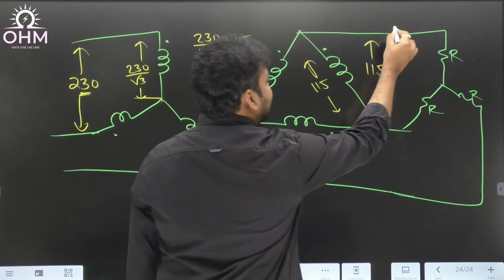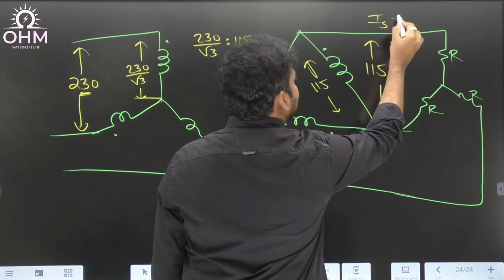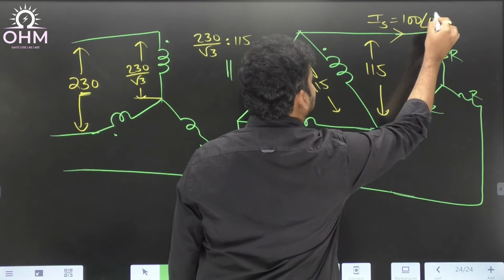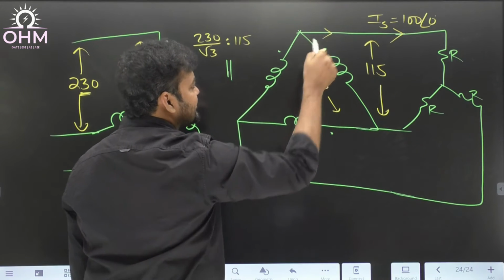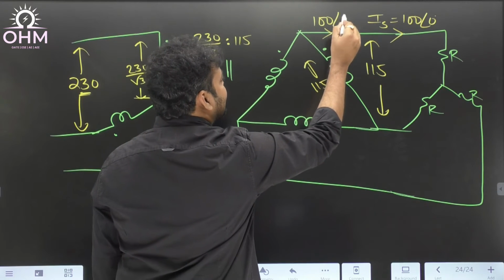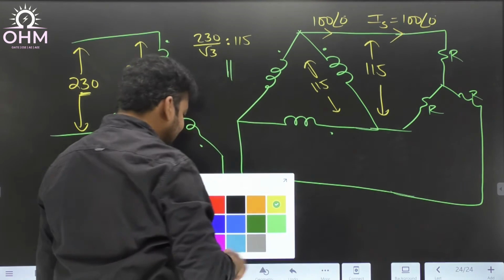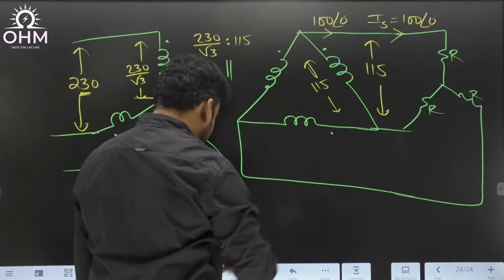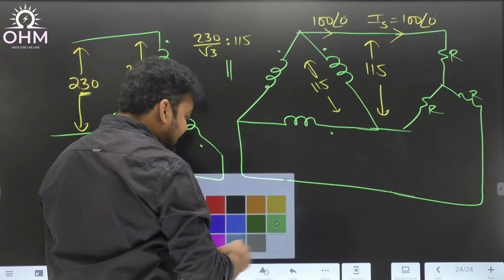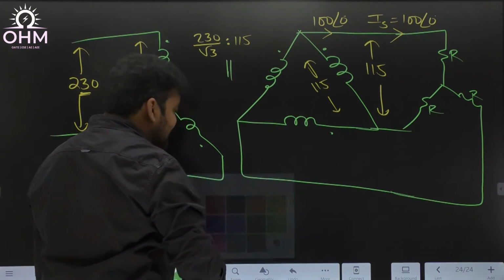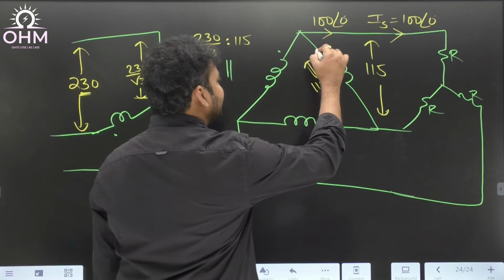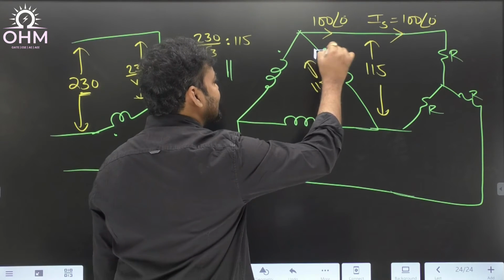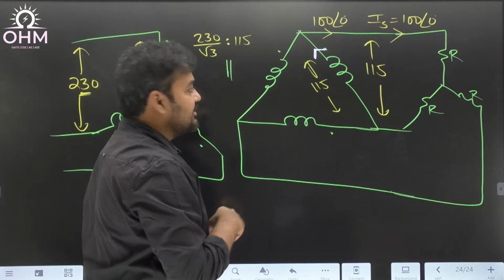Anyway, now the secondary side line current was given. What is the secondary side line current? 100 at an angle 0. Can I say that 100 at an angle 0 is the line current for the delta? Line current is 100 at an angle 0, so what will be the phase current? We all know that in a delta connection, phase current will always lead line current by 30 degrees.